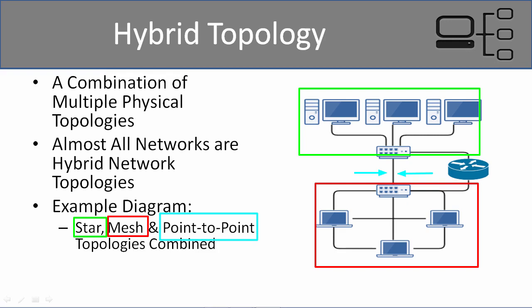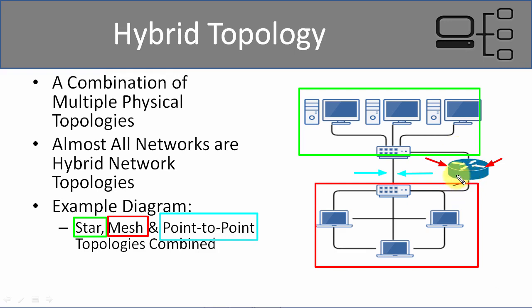So I'll go ahead and use an arrow to show you the partial mesh. I'm going to point right here. If you notice the connections to our router here, we have a switch here, we have a switch here, and it can get out to the internet from here, and get out to the internet from here as well. And so we have a partial mesh setup.